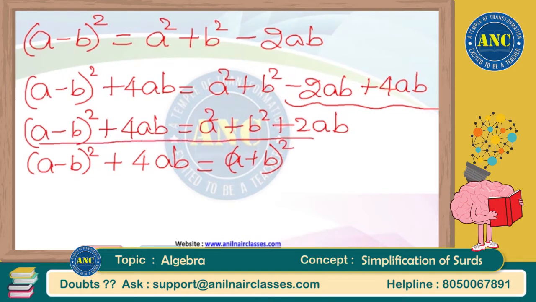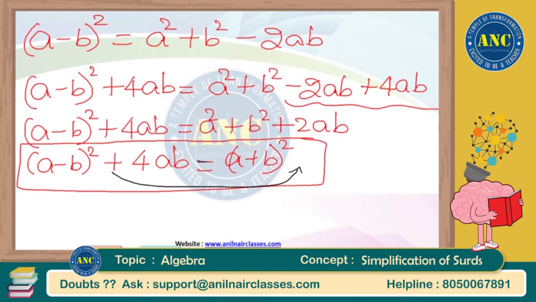Now if you remember, this is once again exactly the same pattern I got two slides before. (a + b) whole square, shift 4ab to the other side, equals (a - b) whole square. Or if you don't want to do it like that, shift this (a - b) whole square to the right hand side: (a + b) whole square minus (a - b) whole square is equal to 4ab.